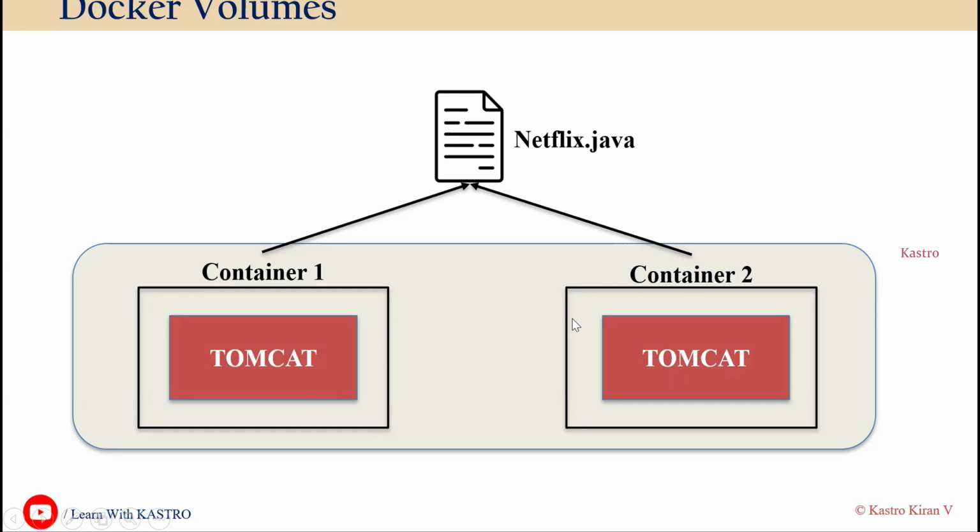That is when we use a concept known as Docker volumes. Directly, we cannot share the data. If you want to share data from one container to another container, then we have to use the concept called Docker volumes.